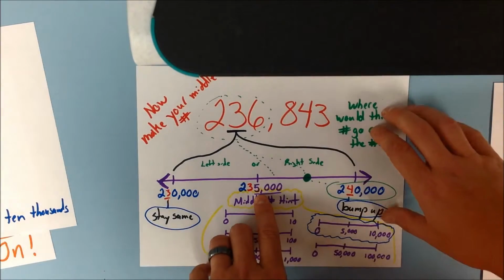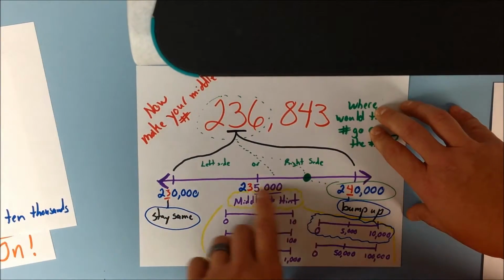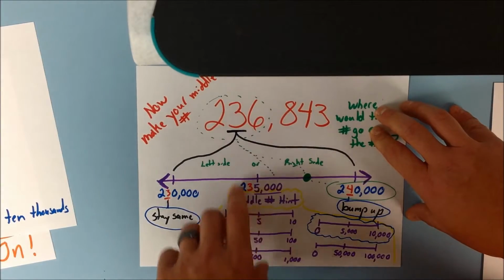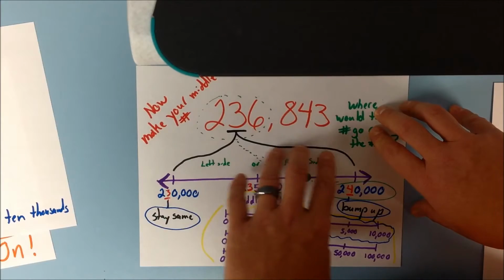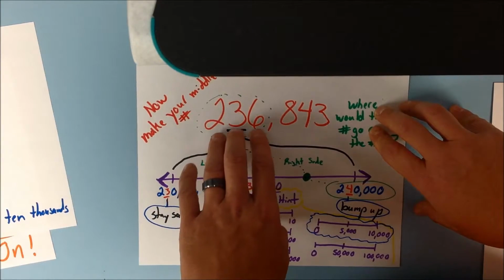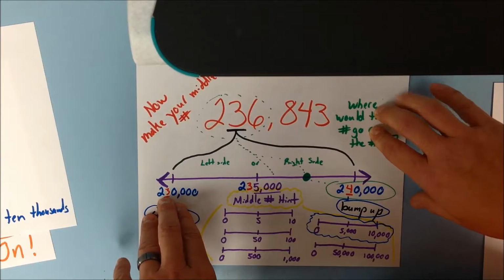Now we just need to decide, does it go on the left side or the right side of this middle? The biggest thing is, if you notice I put a little green, this number is really big. I don't need to pay attention to how big that number is. I just want to focus on the 236,000. Well, here's 230,000.